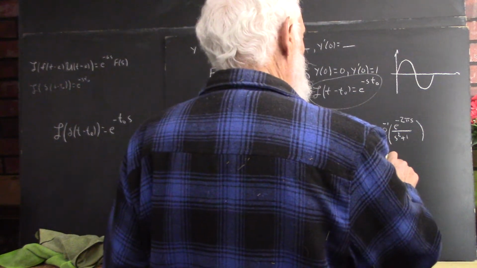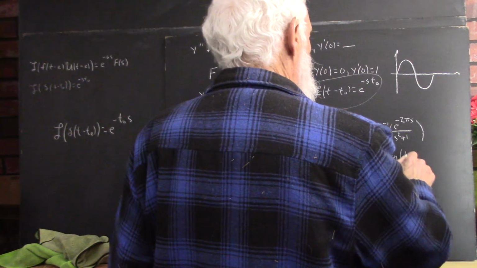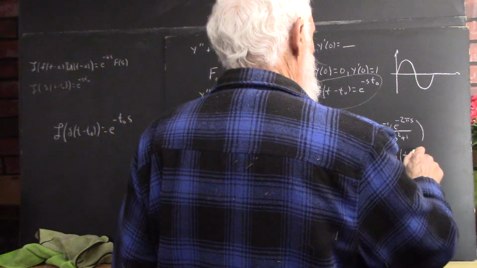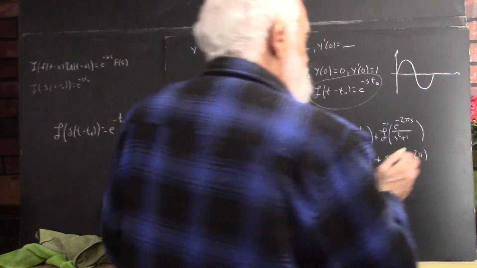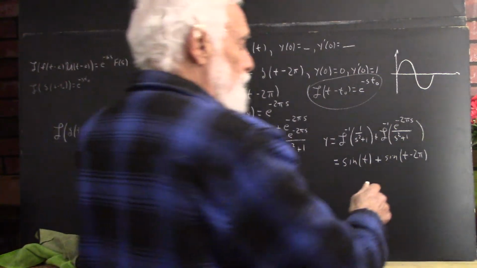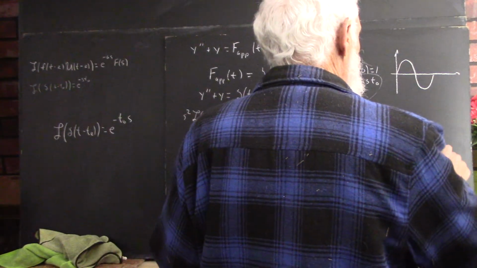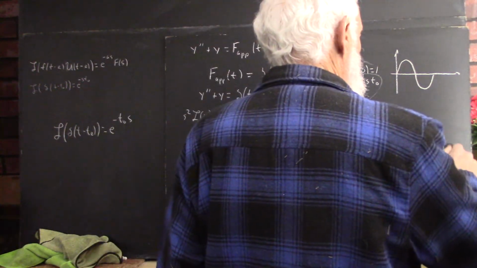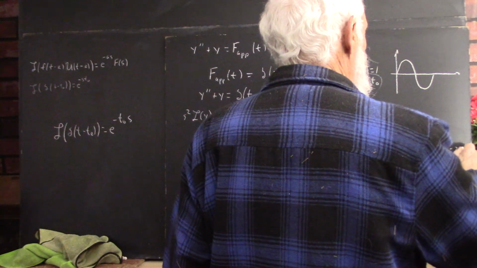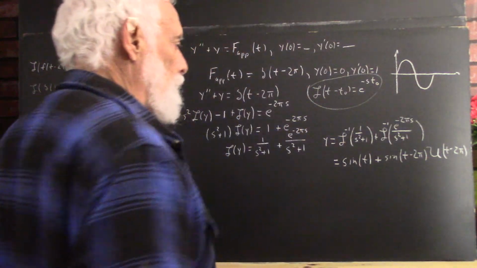This would be a sine of t minus 2 pi, because we're shifting to the right, and also times the Heaviside function of t minus 2 pi.